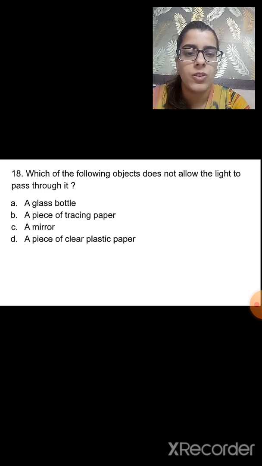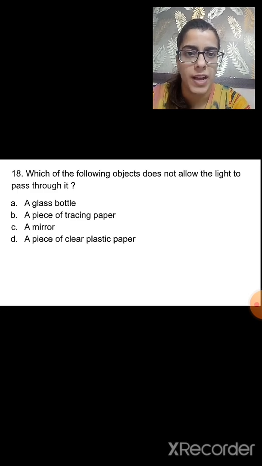So, which of the objects will not allow the light to pass through it? It is option number C, a mirror. Because one side of a mirror is opaque, therefore it will not allow the light to pass through it, while a glass bottle, a piece of tracing paper and a piece of clear plastic paper will allow the light to pass through it.